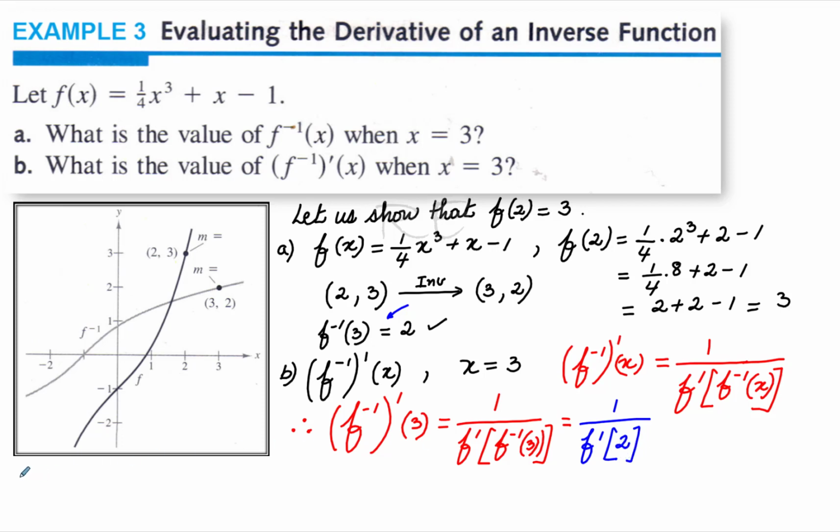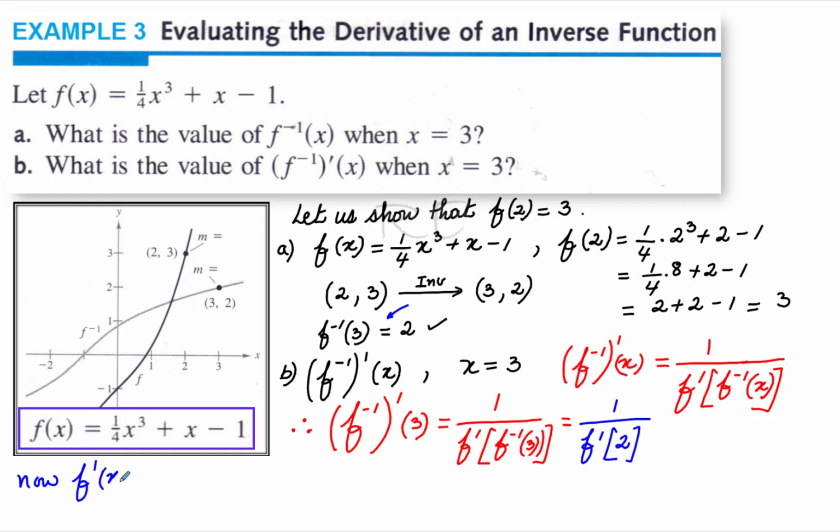Now we're going to calculate the derivative of f of x, the general function. The derivative of f of x is equal to 1/4 times 3x squared plus 1.